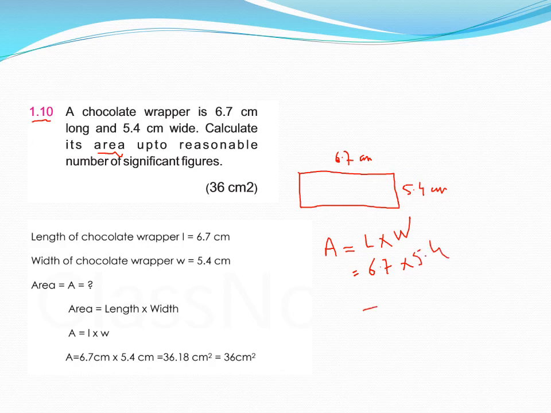Now if you multiply these two, you would have 36.18, and as 2 centimeters are being multiplied, we get square centimeter. So this is the area.